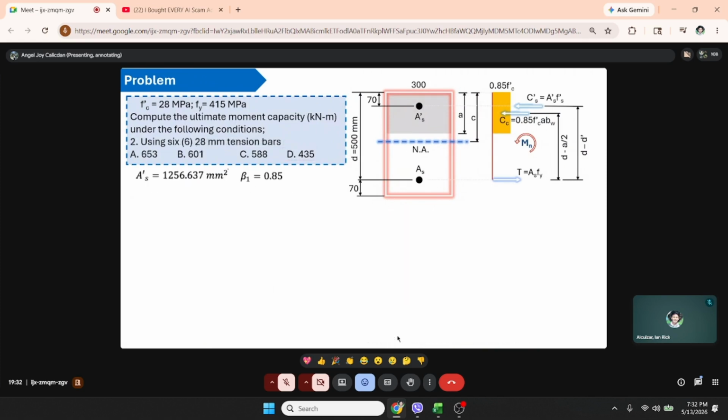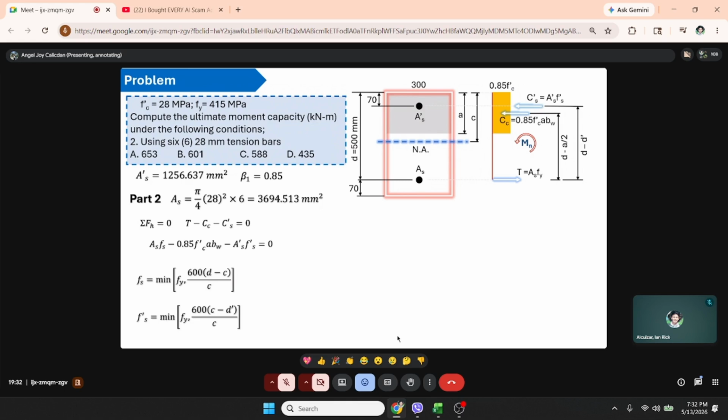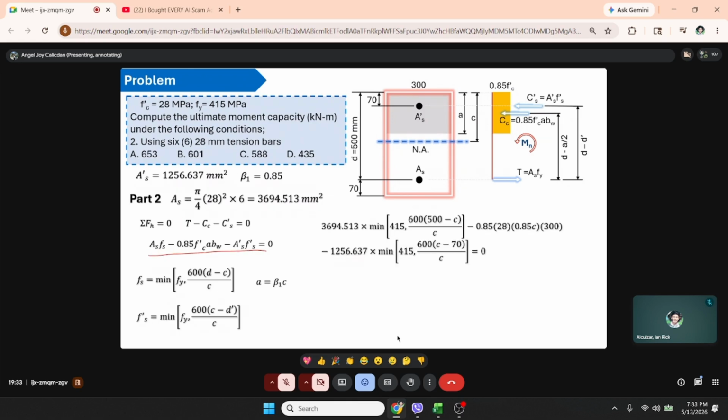So for part 2, same process. So we'll solve again for AS, which is 3,694.513 square mm. And again, mag-summation for horizontal. And using these formulas, og i-substitute aning main equation to get c.